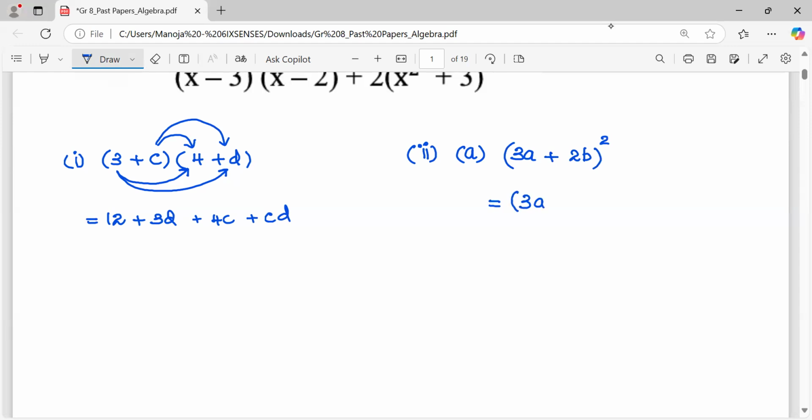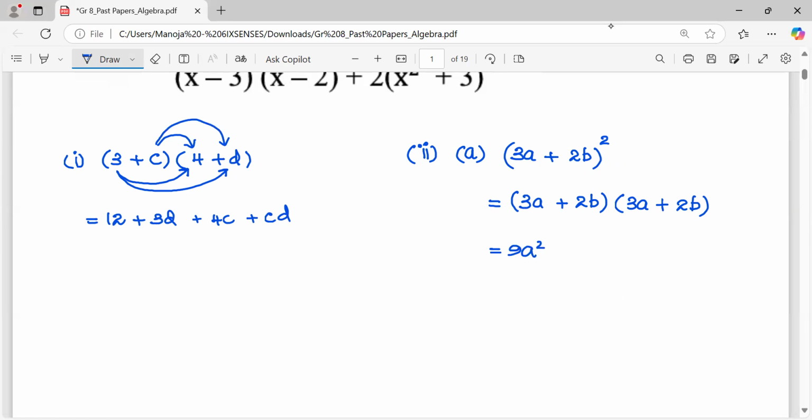First, you show this with 2 brackets. As I told you, when it comes to paper 2, you just show the workings. Here, when you are multiplying, if you can't do it in your mind, you can write 3a times 3a. It gives me 9a squared.